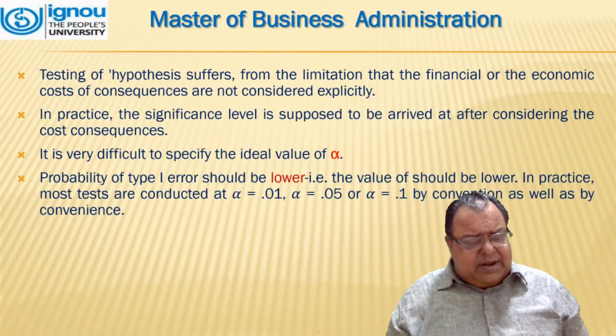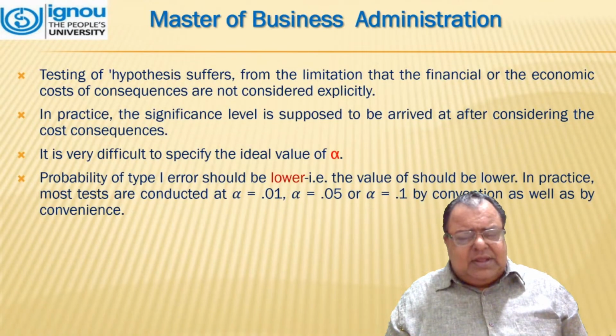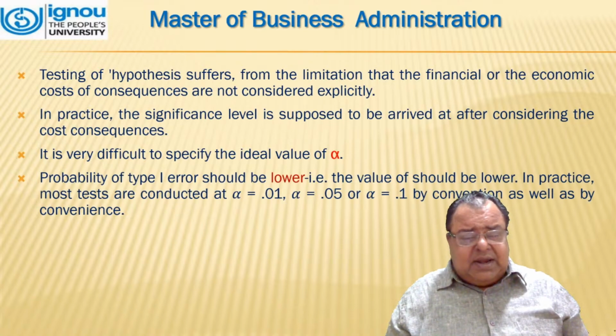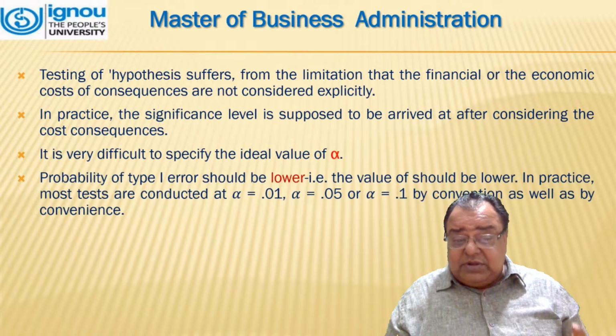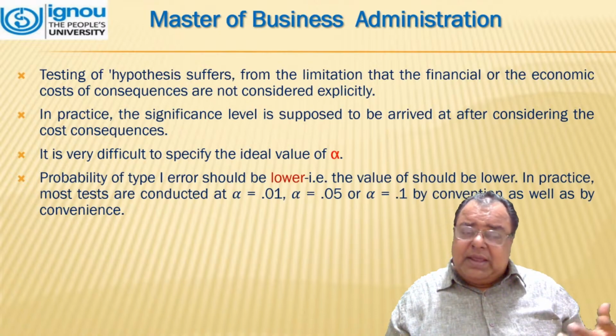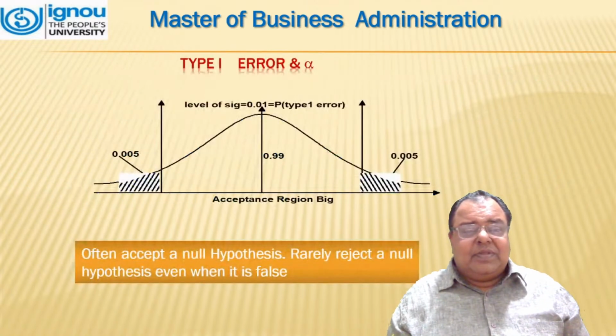Probability of type 1 error should be lower, that is, the value of alpha should be lower. In practice, most tests are conducted at alpha equal to 0.01, alpha equal to 0.05, or alpha equal to 0.1 by convention as well as by convenience.